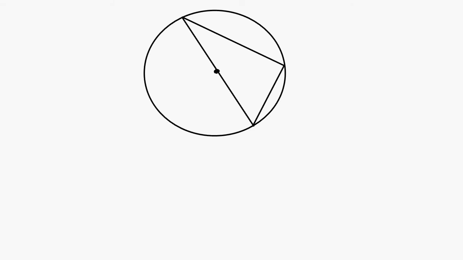So you're told that this angle up top is 4x plus 2. This angle is 9x minus 3. And we got HGF. You're asked to find the measure of angle F.